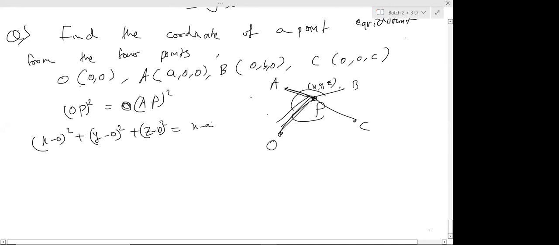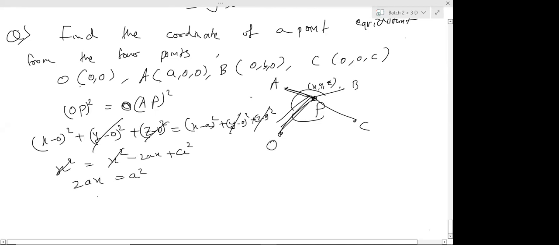AP will be x minus a whole square plus y minus 0 whole square plus z minus 0 whole square, right? So this is cancelled. So we have x square equals to x square minus 2ax plus a square. So x square and x square is also cancelled. So 2ax is equals to a square, and that means x is equals to a upon 2, right? This will be the first value.